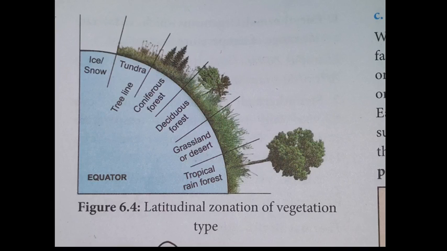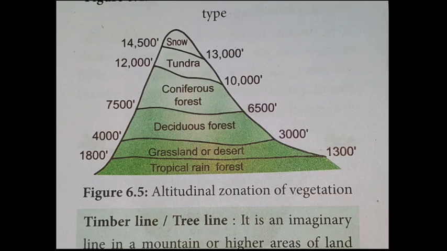Latitudinal zonation of vegetation: equator, tropical rainforest, grassland or desert, deciduous forest, coniferous forest, tree line, tundra, and ice or snow region. Altitudinal zonation of vegetation: tropical rainforest, grassland or desert, deciduous forest, coniferous forest, tundra, and snow.